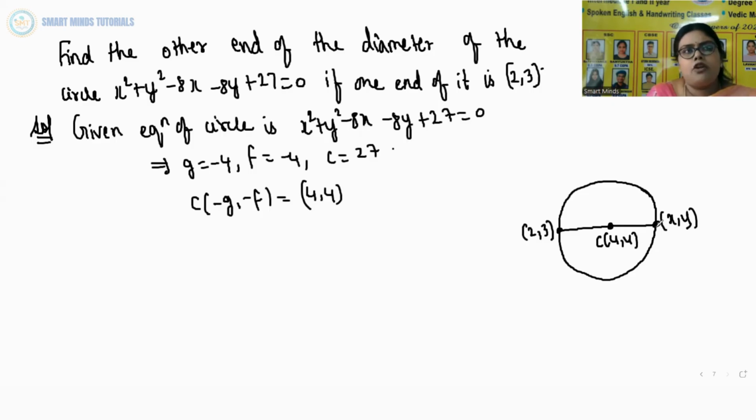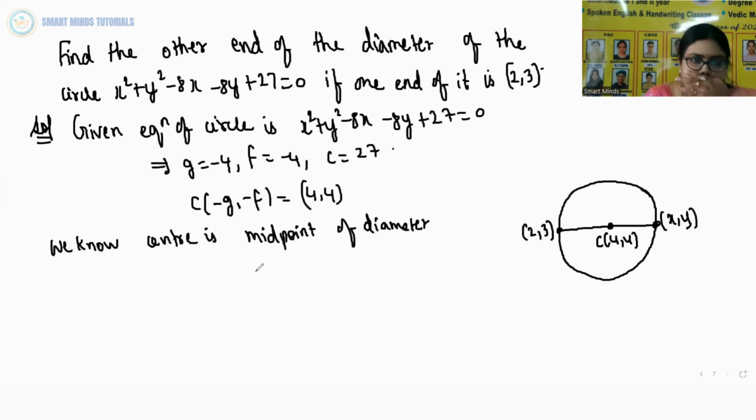But one end is unknown. We need to find this out. So we use a concept here. What concept? Center lies on the diameter. And also you can say center is the midpoint of the diameter. So we know that center is the midpoint of diameter.